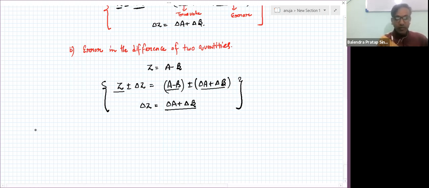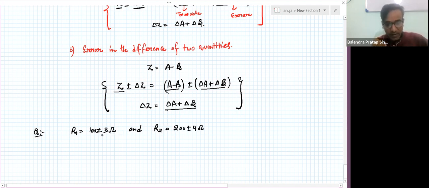The question is: suppose a resistance R1 has a value 100 plus minus 3 ohm, and another resistance has value 200 plus minus 4 ohm. In the first resistance the error is 3, and in the second the error is 4 ohm.